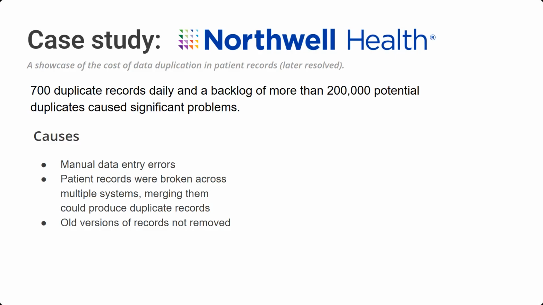The problem was that information about patients was distributed across multiple systems. There was no one system with one set of records. Different parts of it lived in different systems, so they needed to be joined together to get a full patient record. They needed to merge it together from multiple systems.